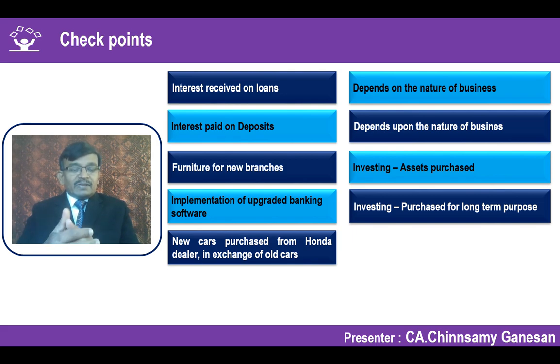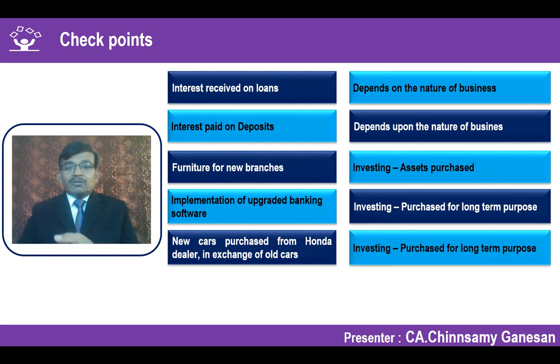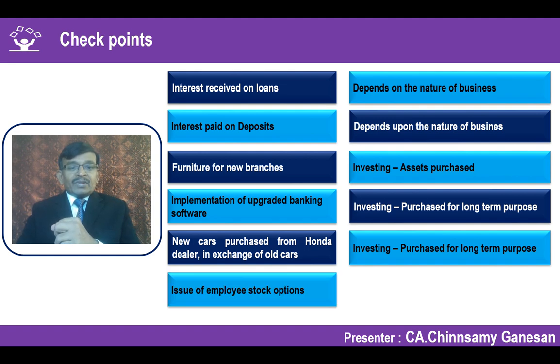How I have to present this, whether it will be shown as disposal of the old car at 2 lakh rupees and then new investment at 10 lakh rupees, because it's relating to the same item, similar item, and also an integrated transaction. You can show as the net balance of 8 lakhs because actual outflow in purchase is only 8 lakh rupees. So you can show that as part of this, and that will be investing activity.